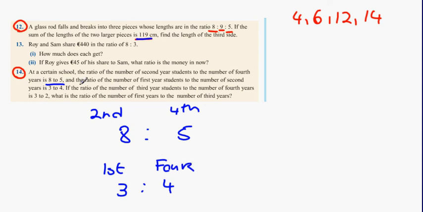Okay. If the ratio of the number of third year students to fourth year students is 3 is to 2, what is the ratio of the number of first years to the number of third years?